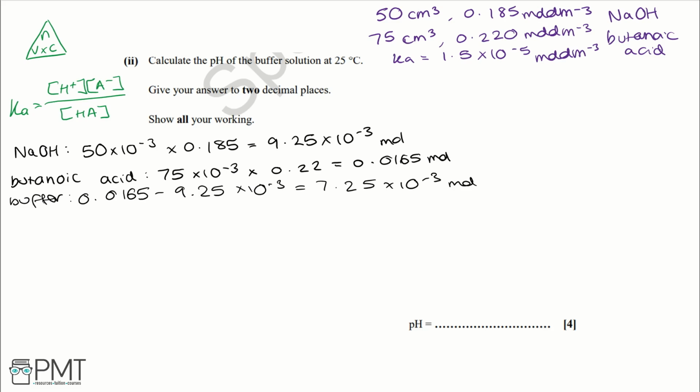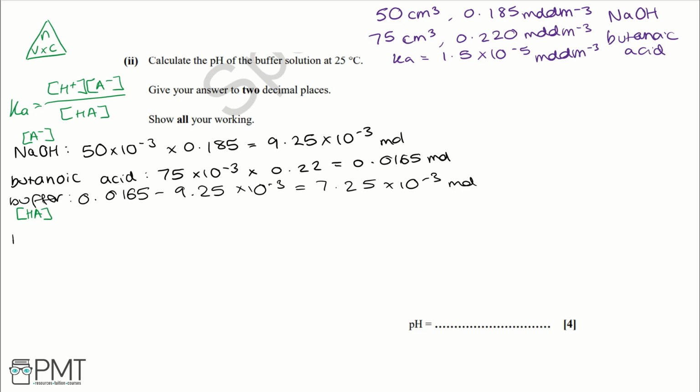So the concentration of HA is our buffer, and A minus is NaOH, so we need to work out their respective concentrations in the total volume of 125 centimetres cubed.